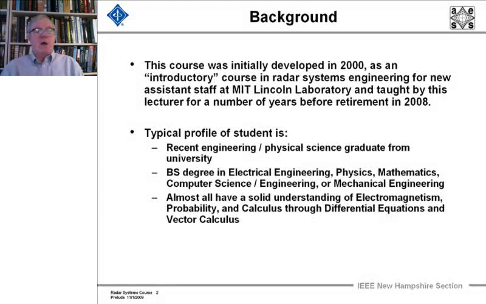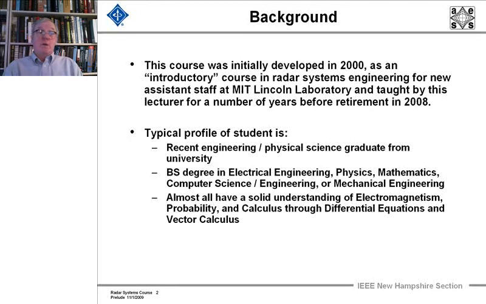This course was initially developed by me in 2000 as an introductory course in radar systems engineering for our new assistant staff, who typically, at Lincoln Laboratory, I'm retired from Lincoln Laboratory right now, our typical assistant staff is someone with a bachelor's degree in science or engineering, the physical sciences, and there's a smattering of backgrounds: computer science, computer engineering, physics, mathematics, mechanical engineering.